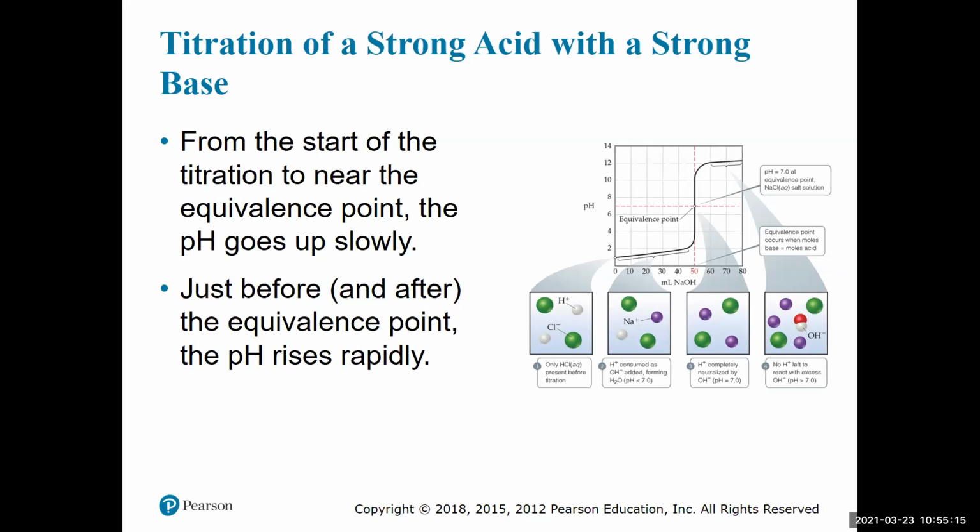Then now basically it's all base that you're adding, and it kind of flattens out again. And then halfway up in that middle point, that's your equivalence point, as I said, for these strong acid, strong base, it should be pH 7 in theory.